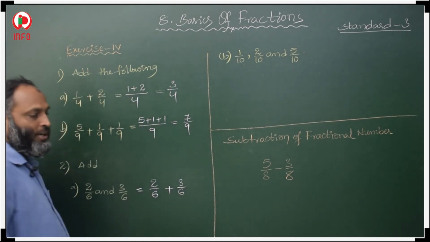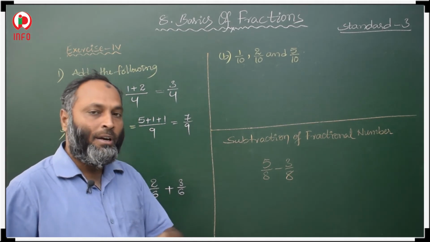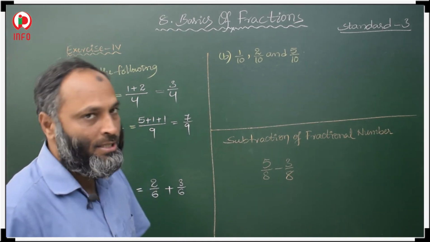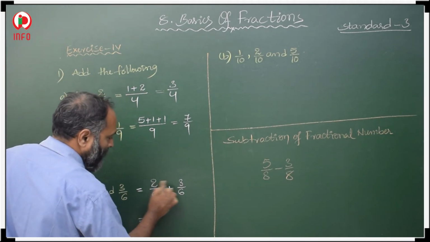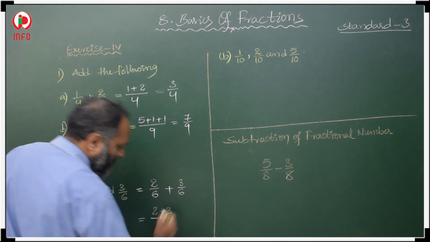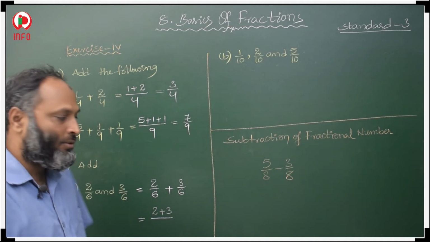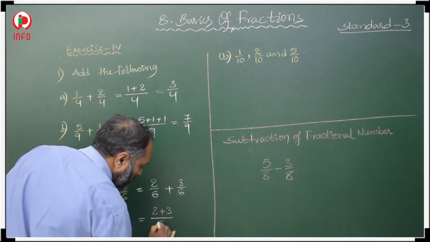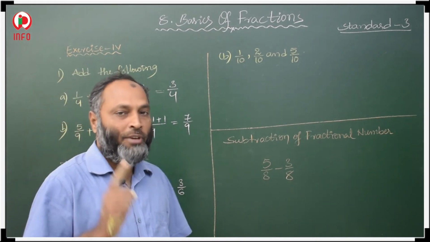Here in these two fractions, the denominator is 6 and 6. If an equal denominator is given, you just add the numerators. What are the numerators? 2 and 3. Add 2 and 3, and the same denominator we have to write once.